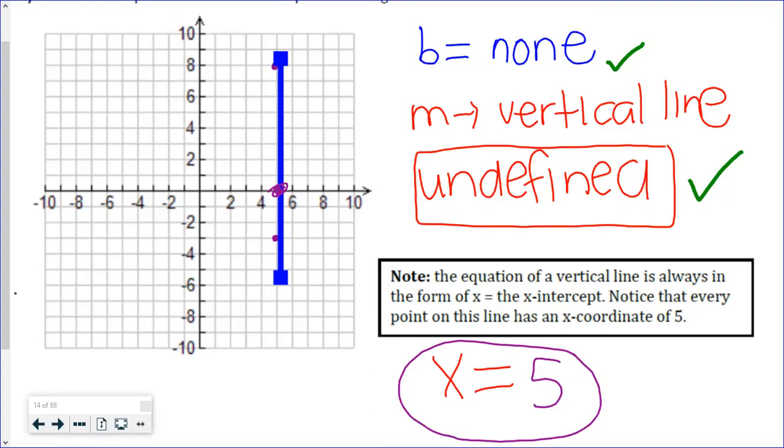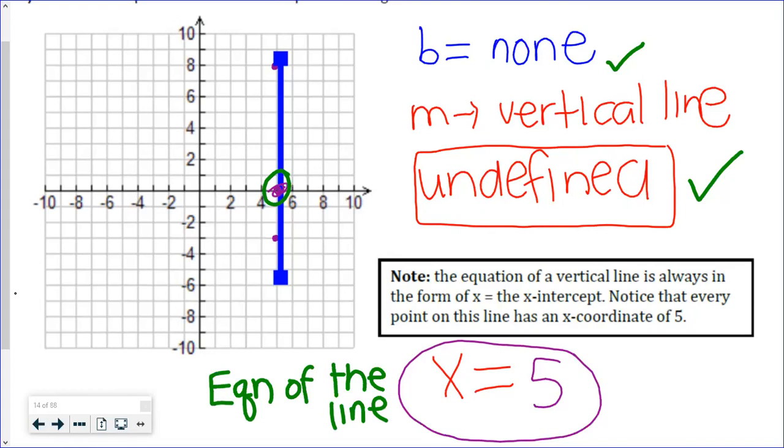So all that you really want is the x-intercept. x is equal to 5, and that is the equation of the line. So I'm going to plot 2 and 1 and 3 and 1.5, because x is equal to 5. All vertical lines, we know, have the x-intercept as the equation of the line.